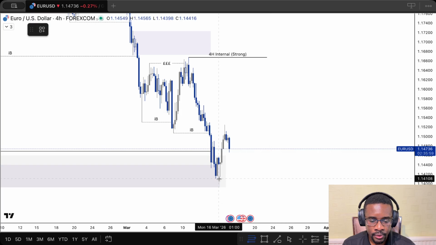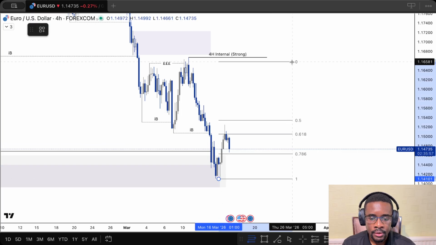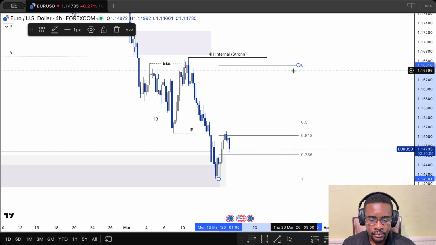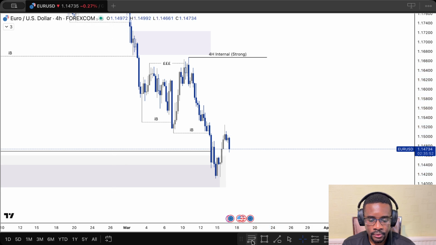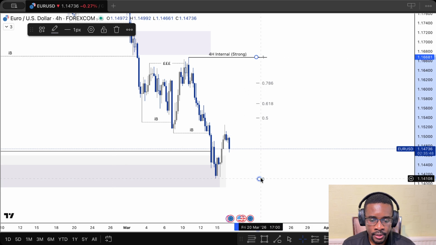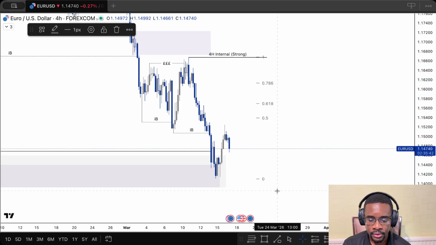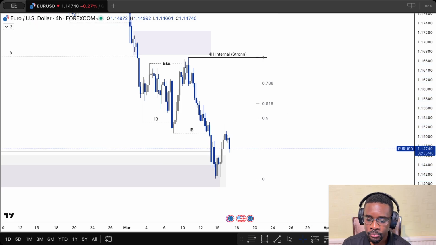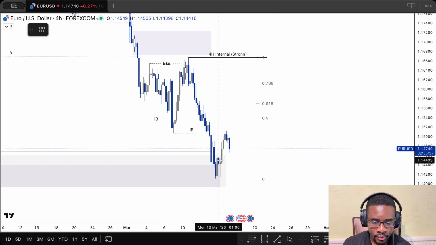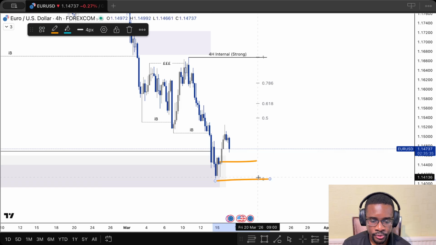I'll pull up my premium and discount. Price has not yet mitigated premium, so there is likelihood the price could drop into this area, because this area eliminated this fractal structure right there.